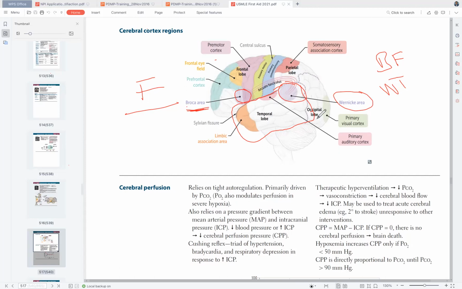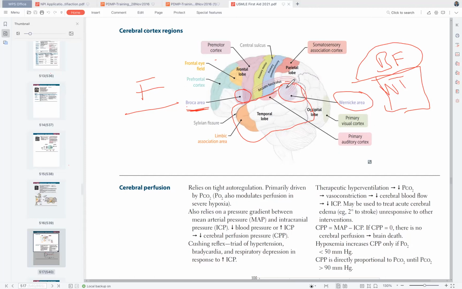Anyway, you can also see that if you look at the alphabet, B and frontal are closer at the front, whilst Wernicke's, W and T, are towards the back. It makes sense, right? Broca is closer to the front and Wernicke is closer to the back.